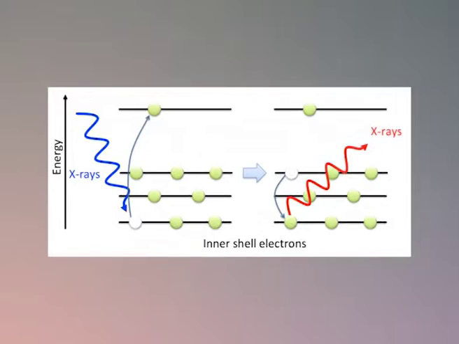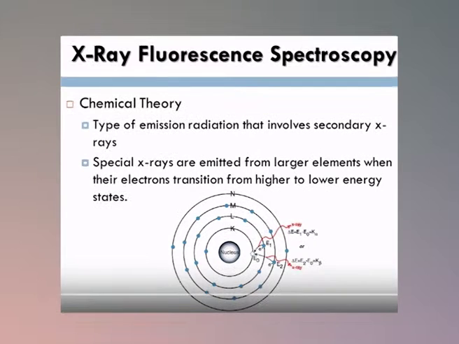A detection system is used to measure the peaks of the emitted X-rays for qualitative or quantitative measurements of the elements and their amounts. This emitted radiation is characteristic of the element, which actually helps in the identification of the element. The instrument used is the XRF spectrometer.